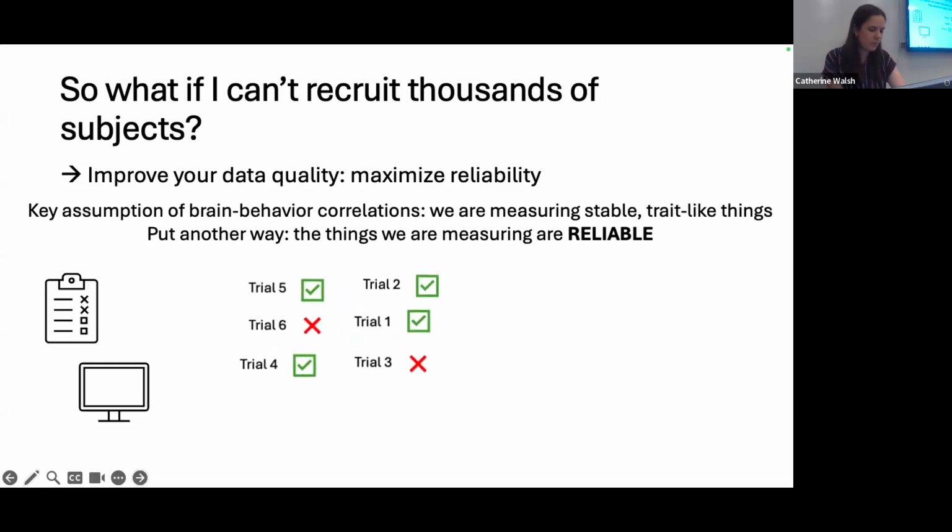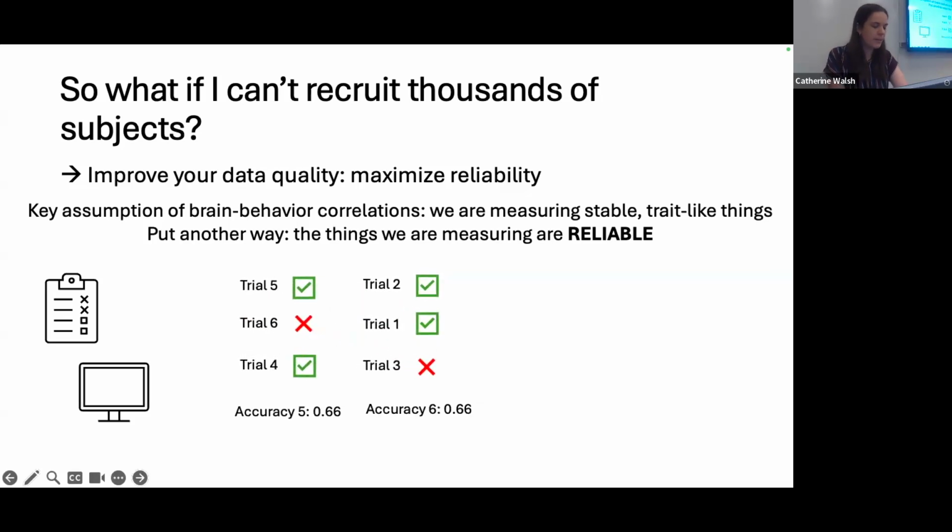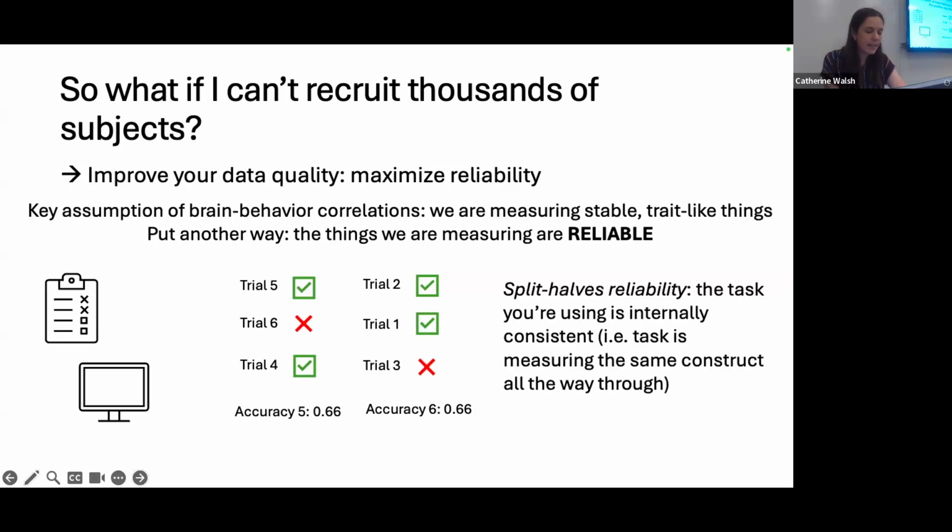Try it again, do the same thing, and we're getting the same accuracies. If a task is reliable overall, we'll mostly get the same accuracy across any number of trial splits. And what that suggests is that we have high split-half reliability. That is to say, the task you're using is internally consistent, that it's really measuring the same construct all the way through. There are other ways you can measure this, but this is just one way.